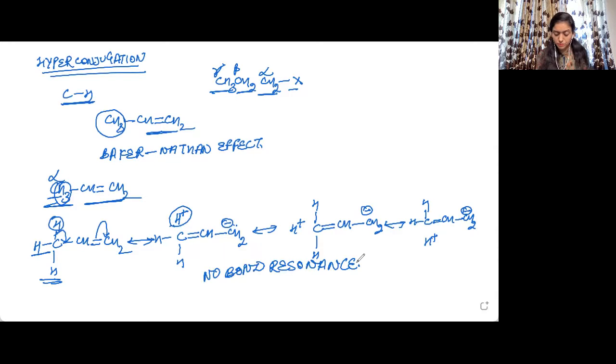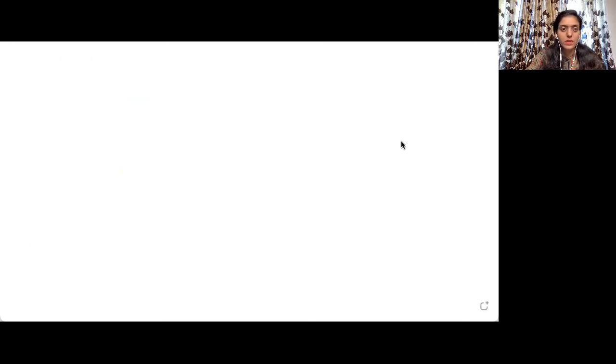Now let us see how it is impacted by the number of hydrogen atoms on the alpha carbon. Let me clear my screen. Suppose we have a carbon-carbon double bond with an ethyl group attached to it.